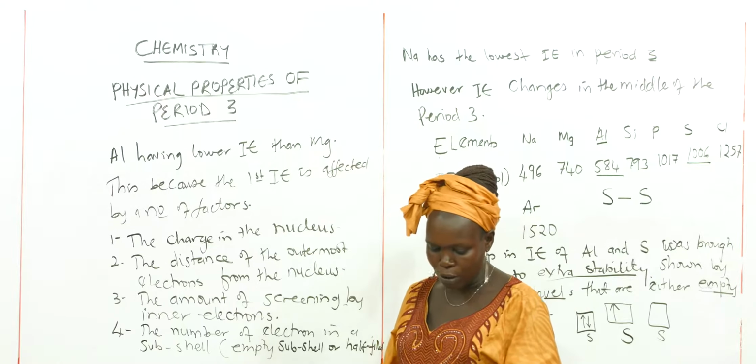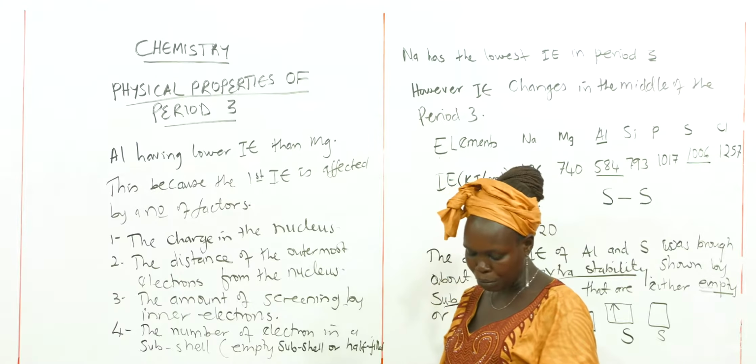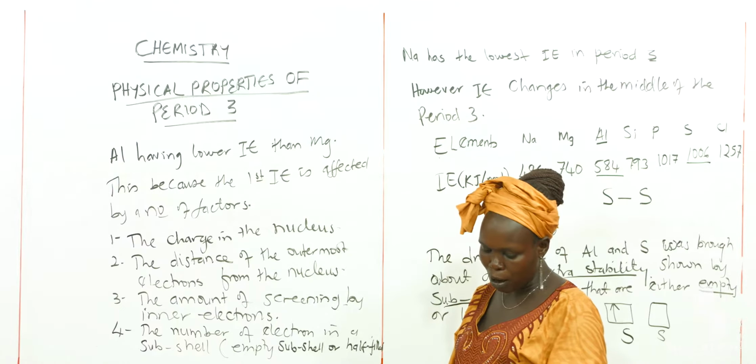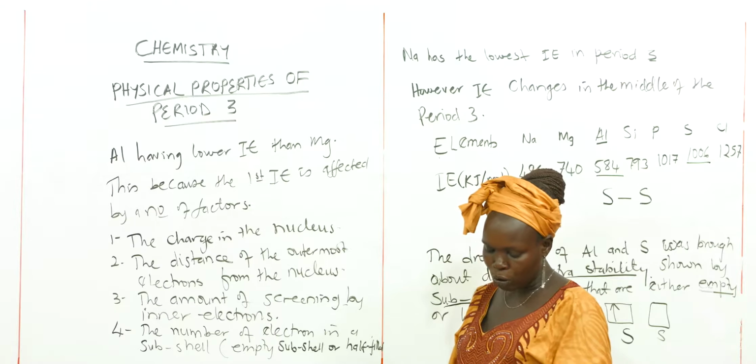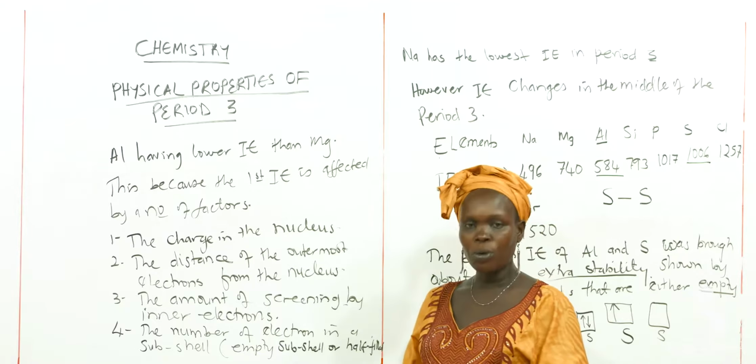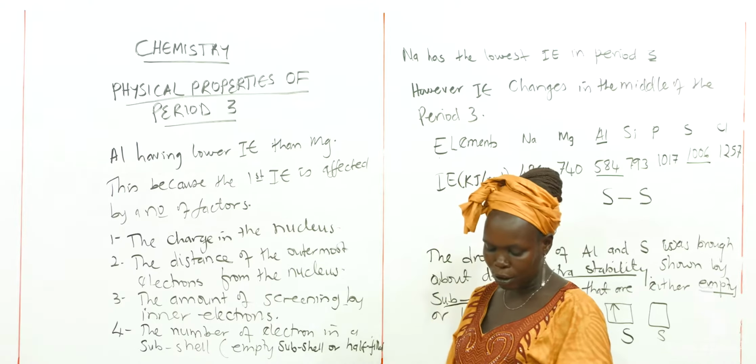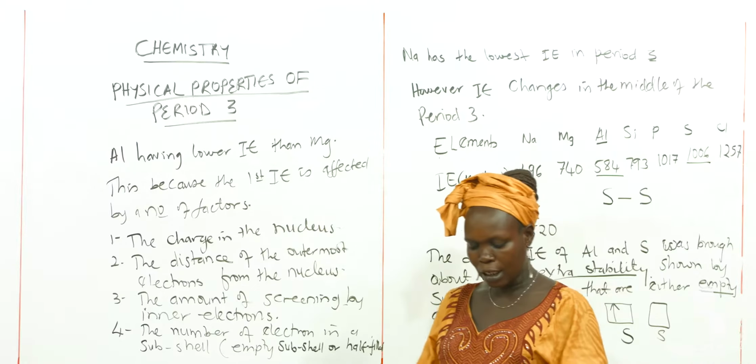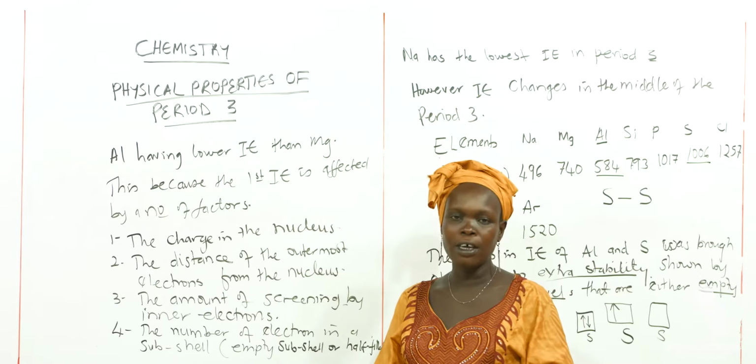Also we need to know that valency, the number of electrons to be lost or gained when an element reacts, determines the valency of the element.